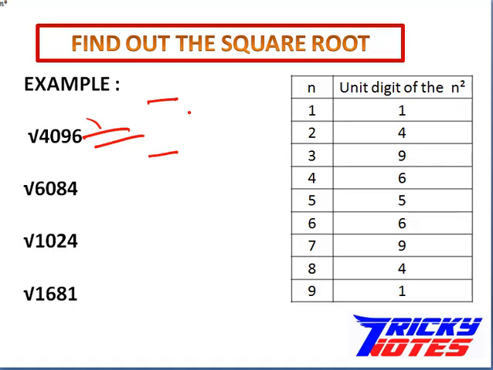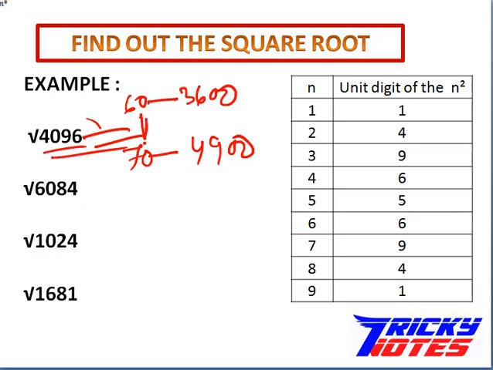So the square of 60 is 3600 and the square of 70 is 4900. So this number is between 60 and 70, so the first digit is 6. We came to know that.